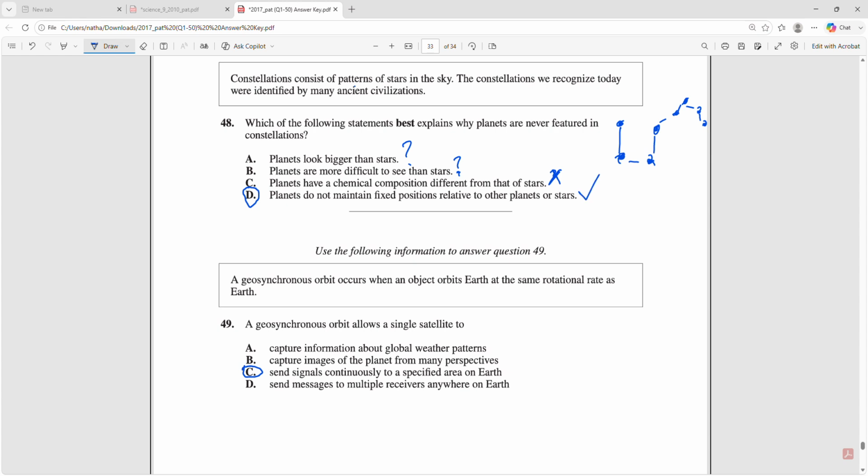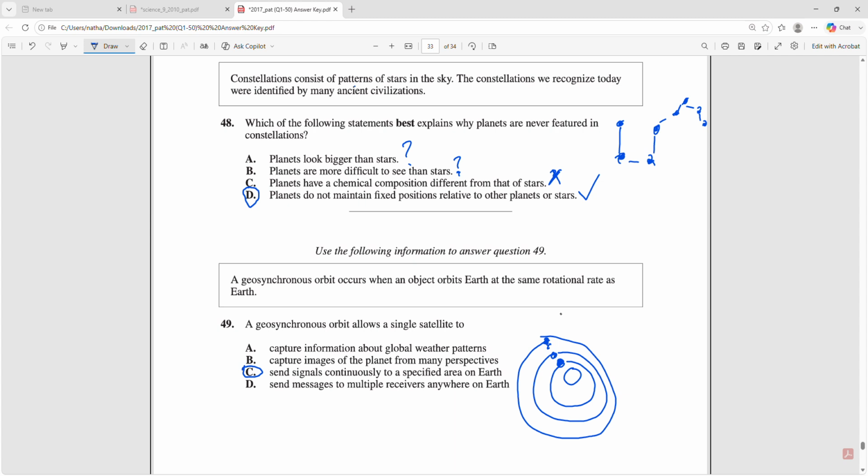Now, to understand this, think about here we have the sun, and we have some planets rotating around the sun. I'm just skipping some of the planets because I don't have room. Let's just assume that this is Earth. Here we are, and we look up into the night sky and we see these planets.